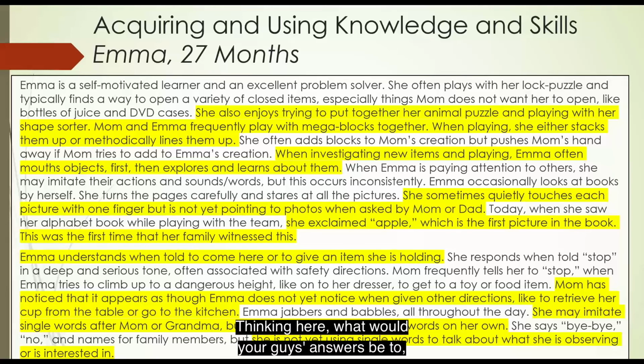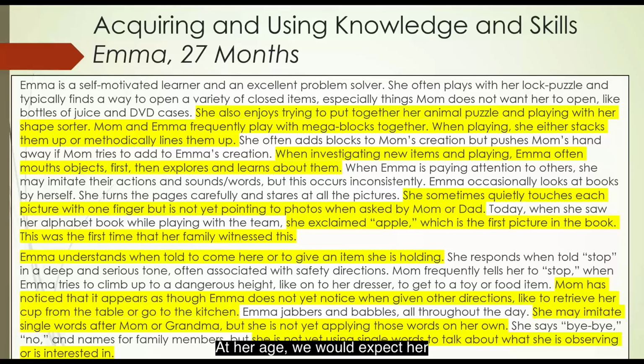Thinking here, what would your guys' answers be to, does Emma ever function in ways that would be considered age-expected regarding this area? Let's think about some examples. What do you guys think? Emma enjoys puzzles, which is great, but again, that's a skill that emerges at a slightly younger age, not at 27 months, that she's able to put together some puzzles. She's interested in books, but she's not yet saying any words in the books or labeling them.